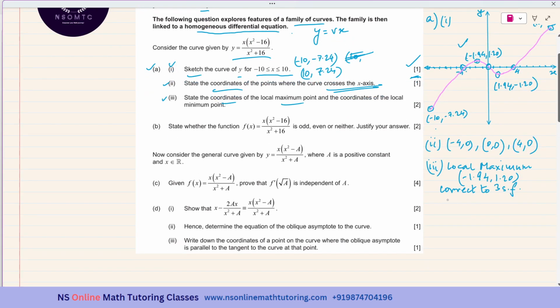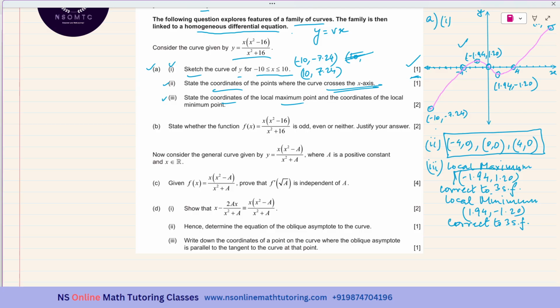And the local minimum will be 1.94 and -1.20, correct to 3 significant figures. Okay. This is the local minimum and this is the local maximum.